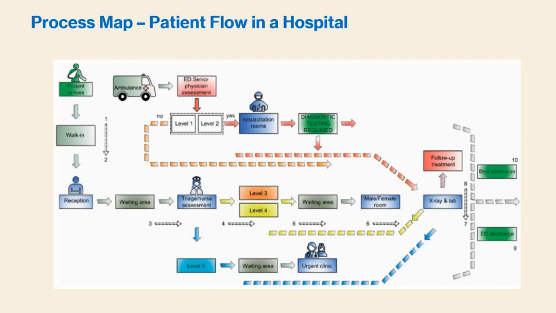Sometimes the patient will be directed to another area, sometimes to an urgent clinic, and so on. By drawing the process like this, you can get a clear idea about your processes, and clearly see the points that you can improve. So that's the idea of process mapping.